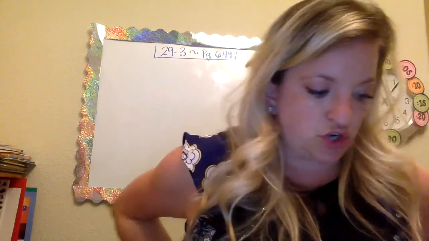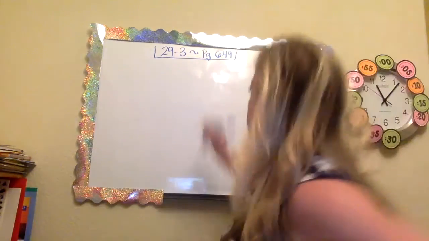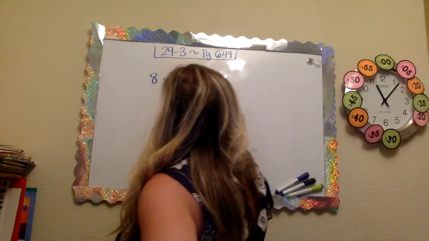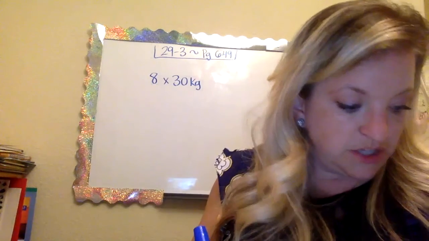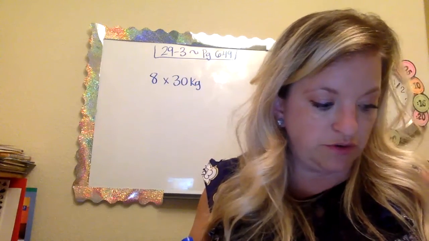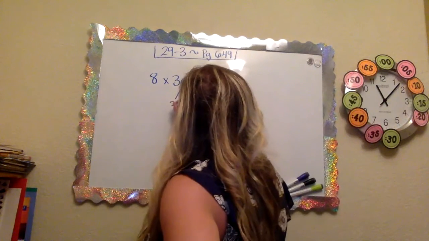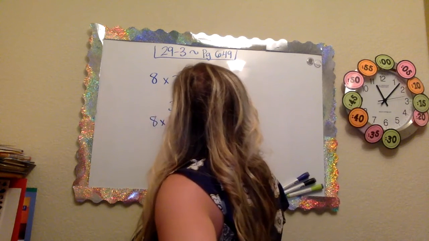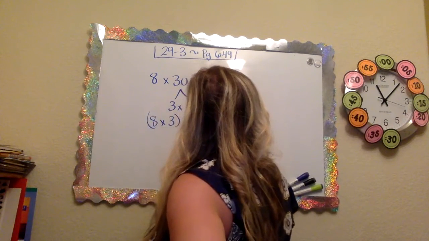Page 653. A tree house is strong enough to hold up 300 kilograms safely. Can 8 children, each with a mass of 30 kilograms, so those are 8 groups of 30 kilograms, be in the treehouse at the same time? So you're going to do 8 times 30, which 30 breaks down into 3 times 10. You'll do 8 times 3, which is 24.